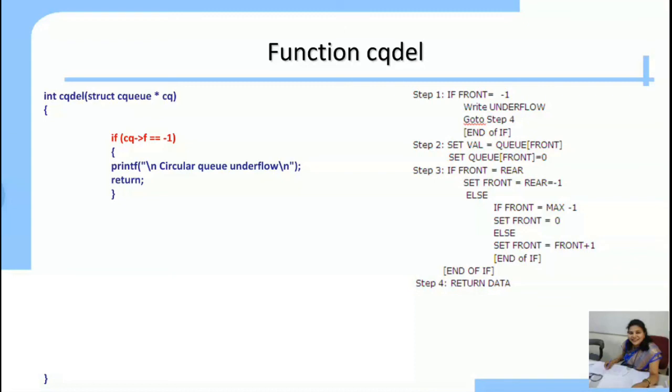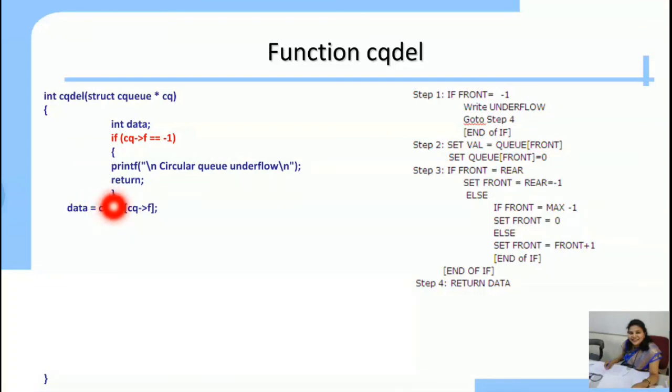You can see that the data type of the function is integer. Why? Because we are returning something. The data type of the function is the data type of the returned variable, and what we are returning is whatever is going to be deleted. So in step 2 we take one variable, int data. See here, I declare one variable, int data, and we store the value to be deleted into data.